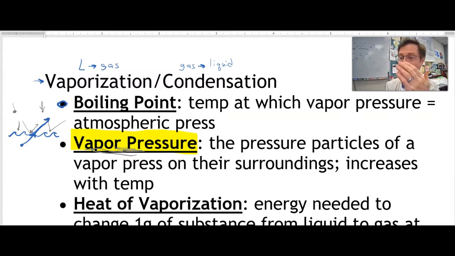So what that means is if we didn't have an atmosphere, water would boil at a much, much colder temperature, because it's the atmosphere that's squishing everything down and squeezing the particles together into the liquid phase.